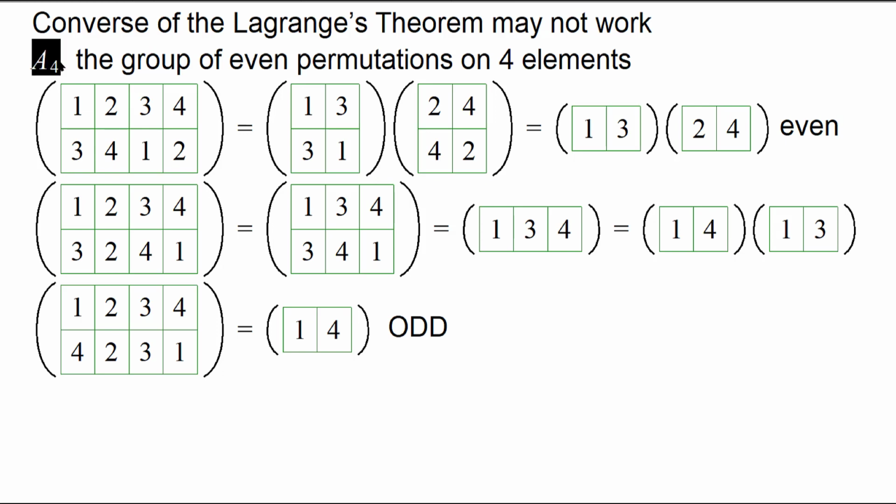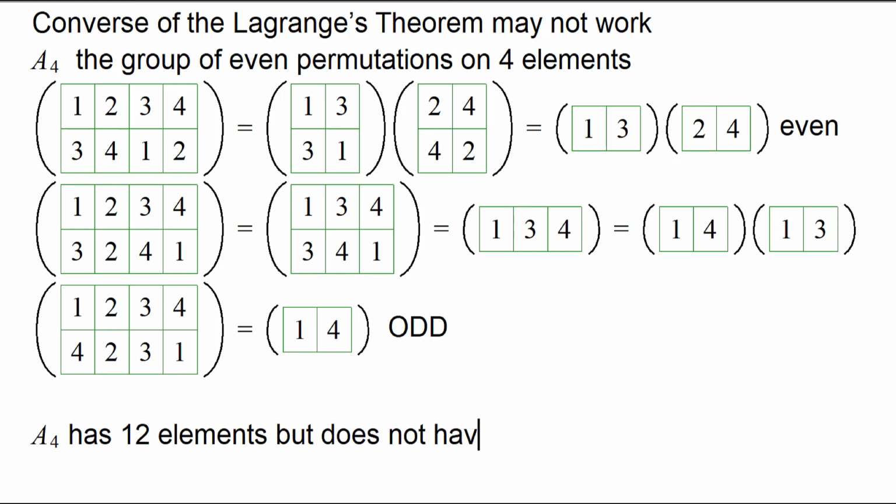Because S4 has 24 and half the permutations are even and half are odd. So A4 has 12 elements, but we are going to see it does not have a subgroup of order 6.